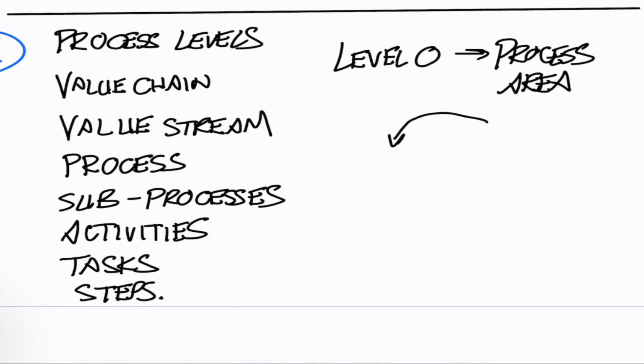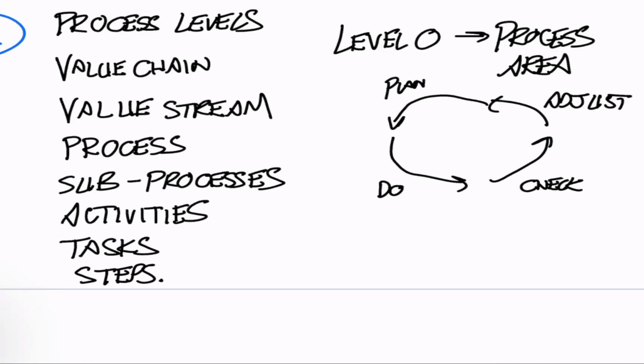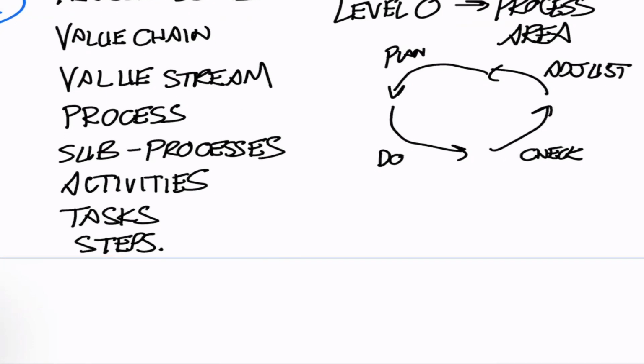What I find more often is there's a cycle, the plan, do, check, adjust, some sort of management cycle that evolves from the level 0 process area.